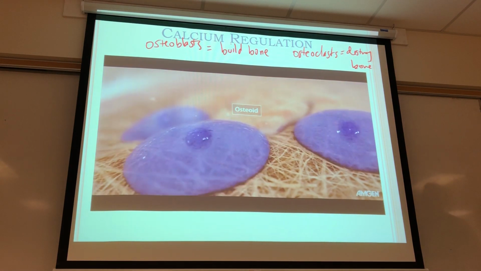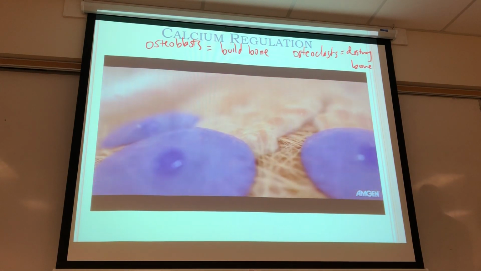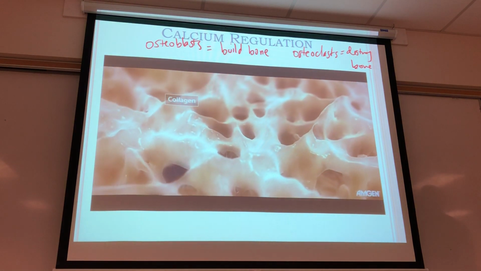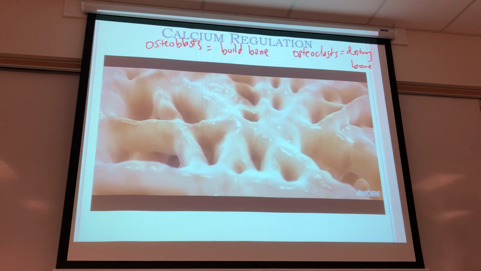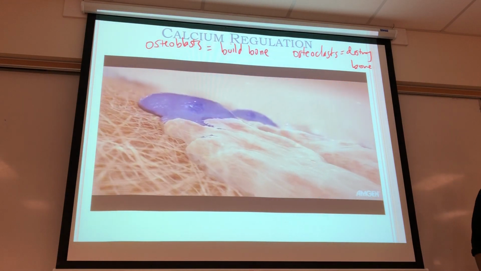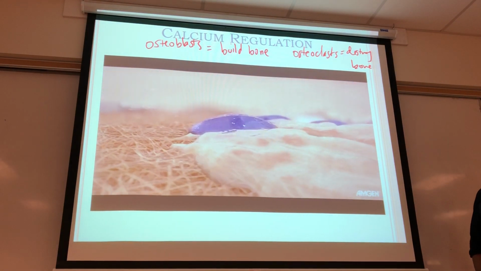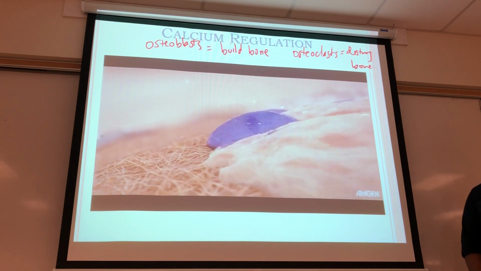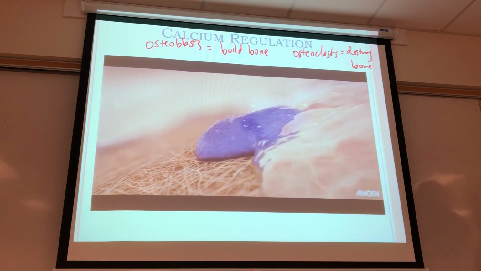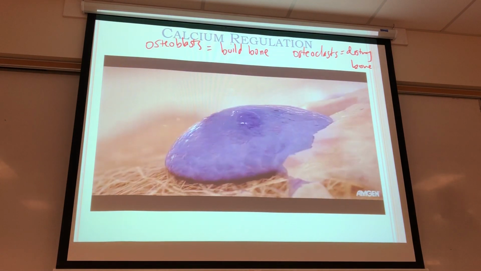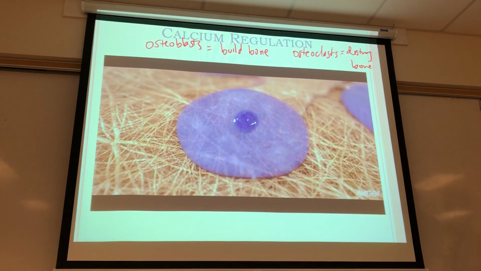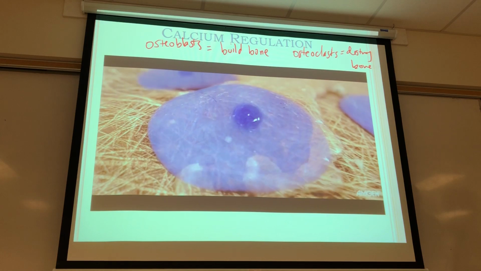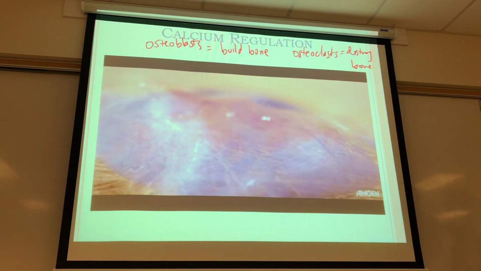Minerals start to crystallize around the collagen scaffold to form hydroxyapatite, the major inorganic constituent of bone, which contains calcium phosphate. Bone mineral density, or BMD, can be used to estimate the strength of bone and to assess the risk of fracture. As osteoblasts form new bone tissue, many become embedded within the matrix and differentiate into osteocytes.